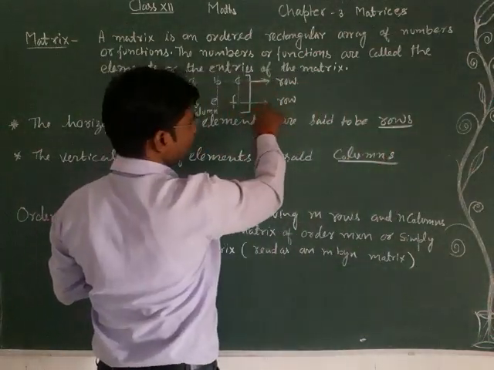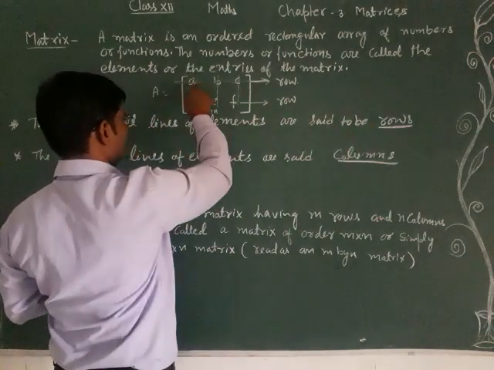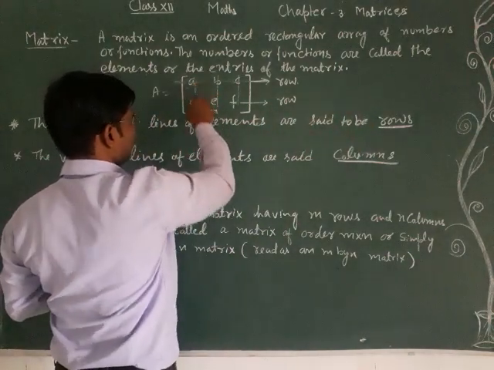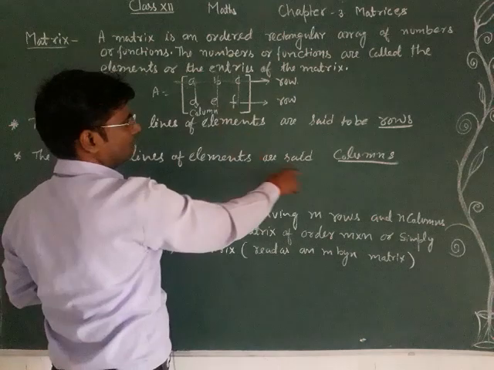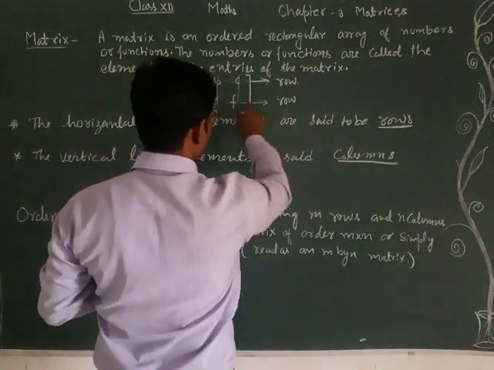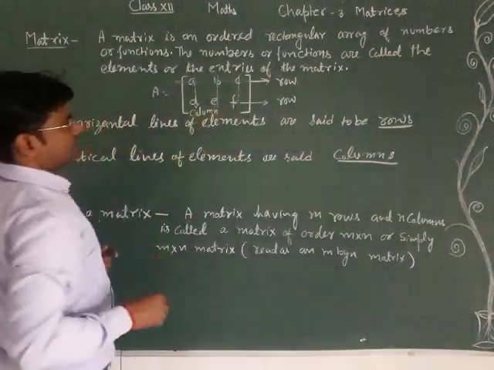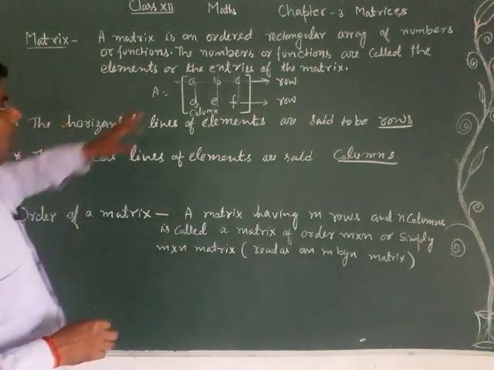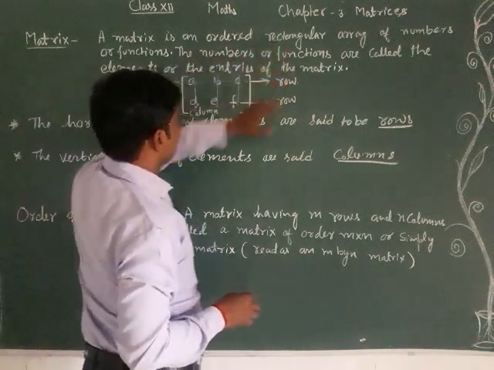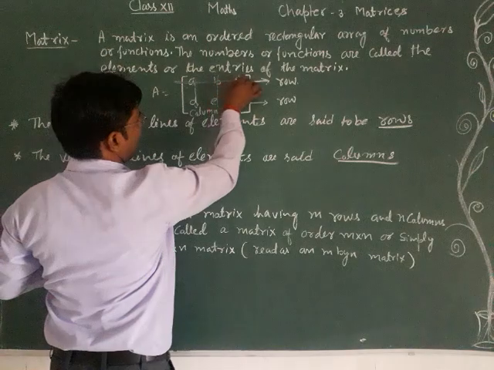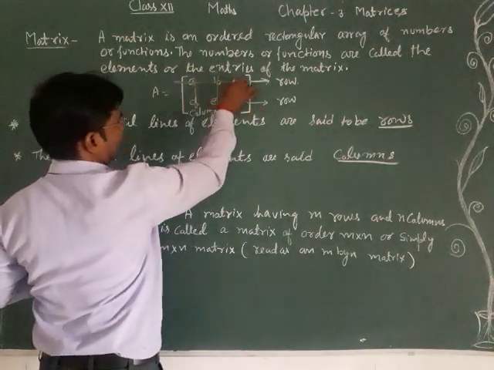There are two rows and three columns in the matrix. Rectangular means the shape of a rectangle.